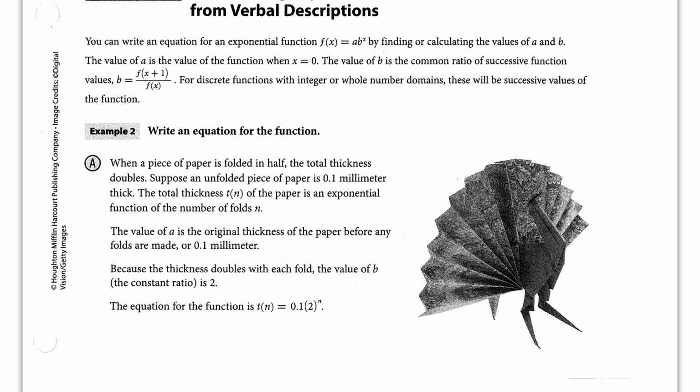The value of A is the original thickness of the paper before any folds are made, or 0.1 millimeter. Because the thickness doubles with each fold, the value of B, that constant ratio, is the number 2. So they've written this equation. T of n, meaning the function of the number of folds, is equal to 0.1, that thickness originally, times 2 to the power of n.